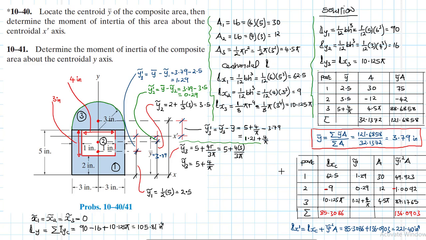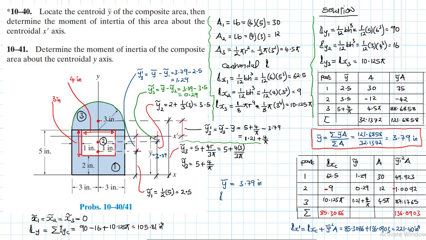Okay, so let me use this space here in between to just write down the summary. So we have centroidal distance y bar equal to 3.79 inches.